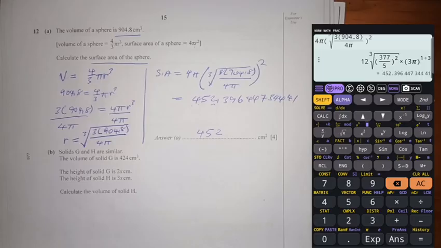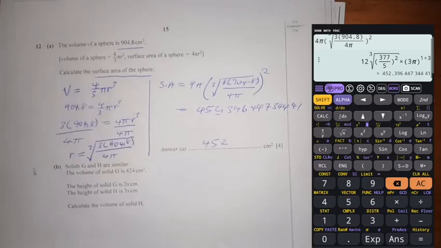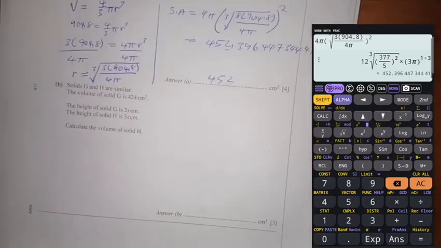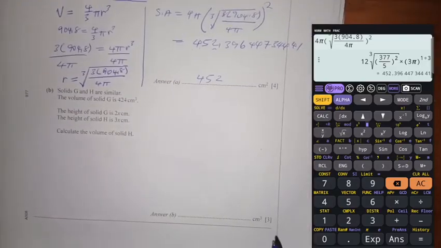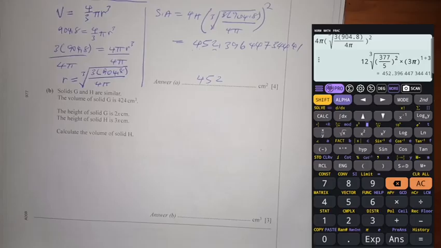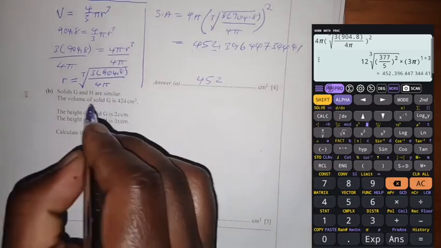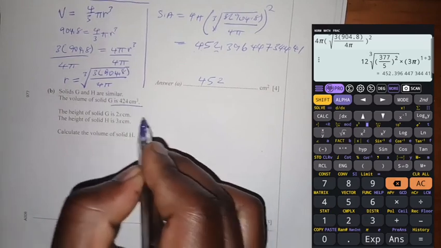Next question, number B. We have a question on similarity there. Let's deal with it. Two solids are similar. It means that they are linked by a scale factor. Now the volume of G is this.